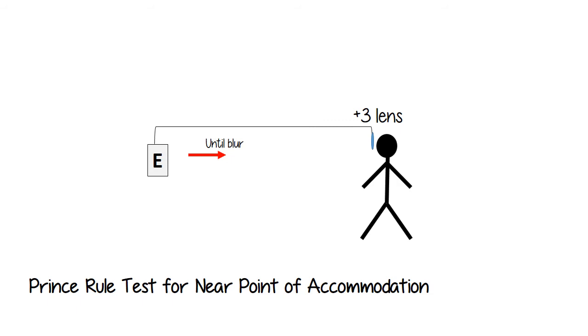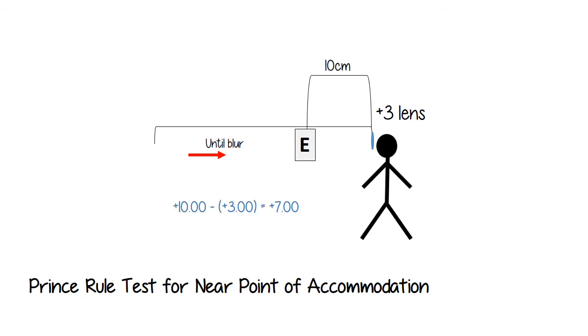And let's say it blurs at 10 centimeters. Divide that into 100, and you get +10 diopters. Now, you already gave that patient a +3 lens at the beginning, so you also have to subtract that +3 from the +10, which leaves 7 diopters of accommodation.